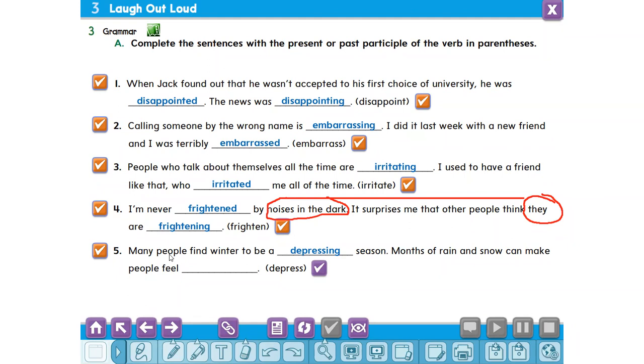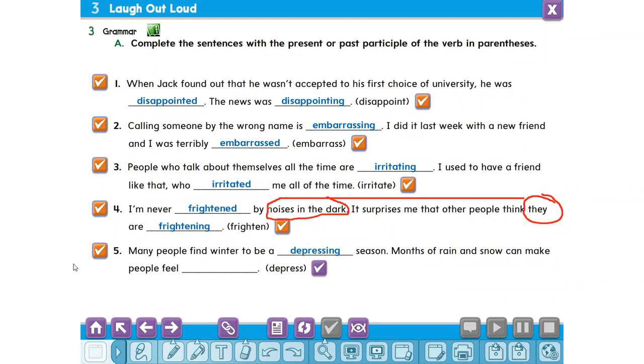You have to decide how someone or something feels, or how you're going to describe what causes this feeling. So in the first sentence, we are describing the season of winter.